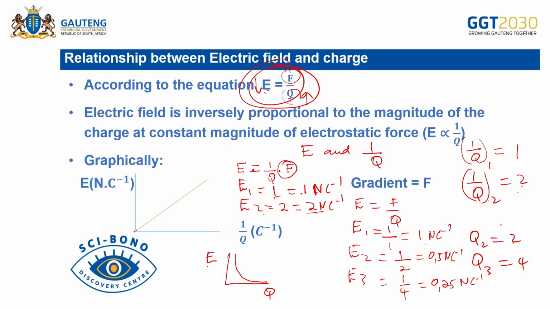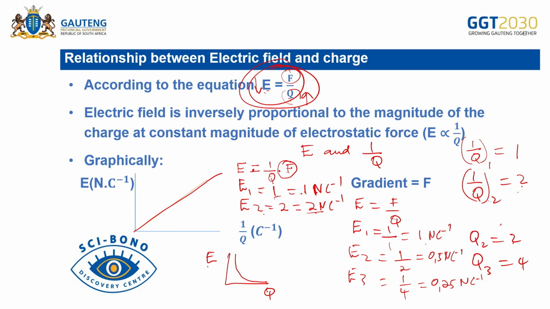Hence I'm having this graph. Between E and 1 over Q, the relationship is directly proportional. It should make sense, because between E and Q it is inversely proportional, so between E and the inverse of Q, the relationship will be directly proportional.